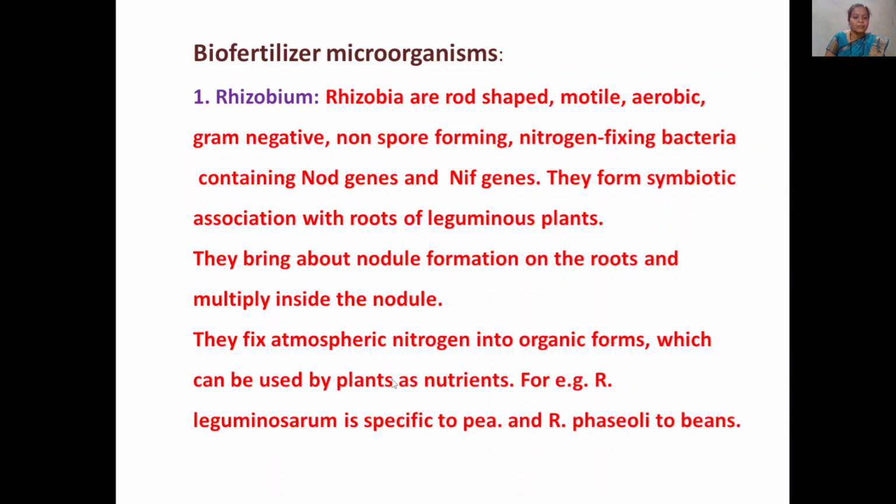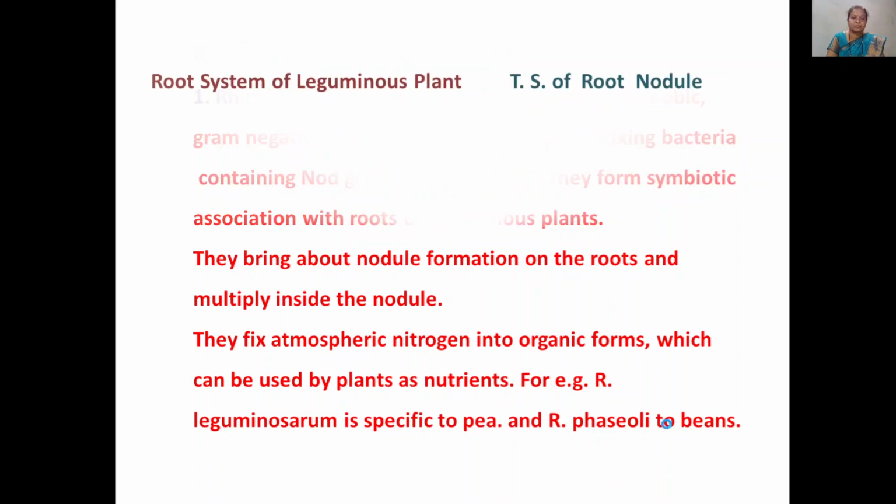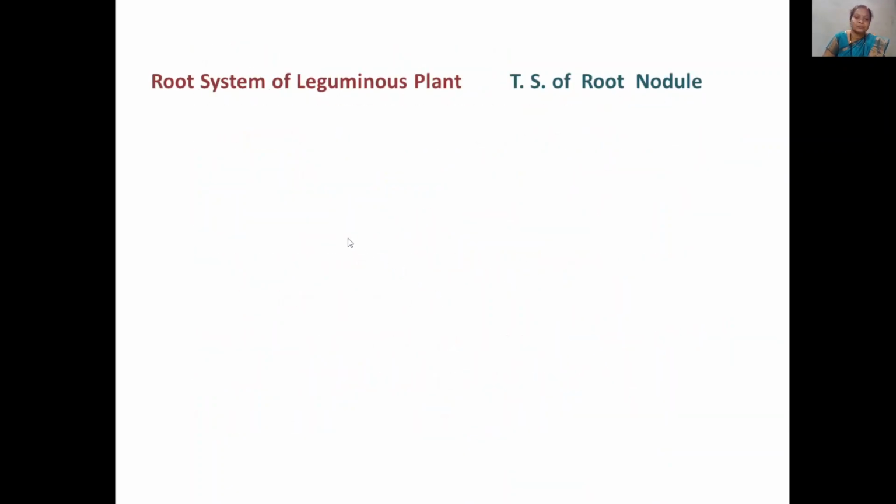They fix atmospheric nitrogen into organic forms which can be used by plants as nutrients. For example, R. leguminosarum is specific to pea plant, and R. phaseoli to beans. Go to next slide.